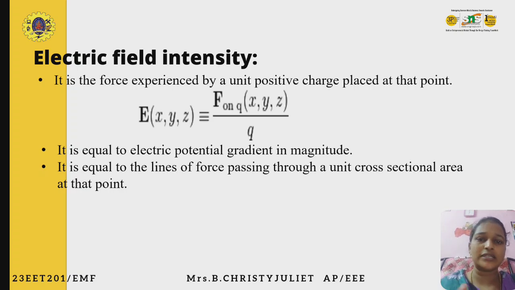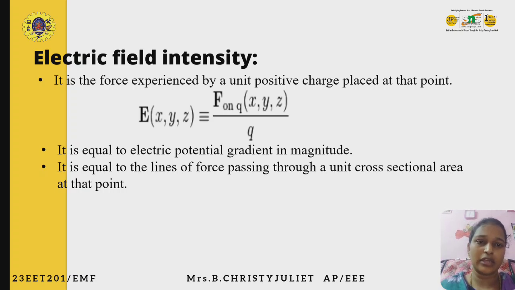We also know that F is equal to Q1 Q2 by R square from Coulomb's law. So E is equal to Q1 Q2 by Q into R square. Here this Q represents either Q1 or Q2 based on towards which the charge moves.